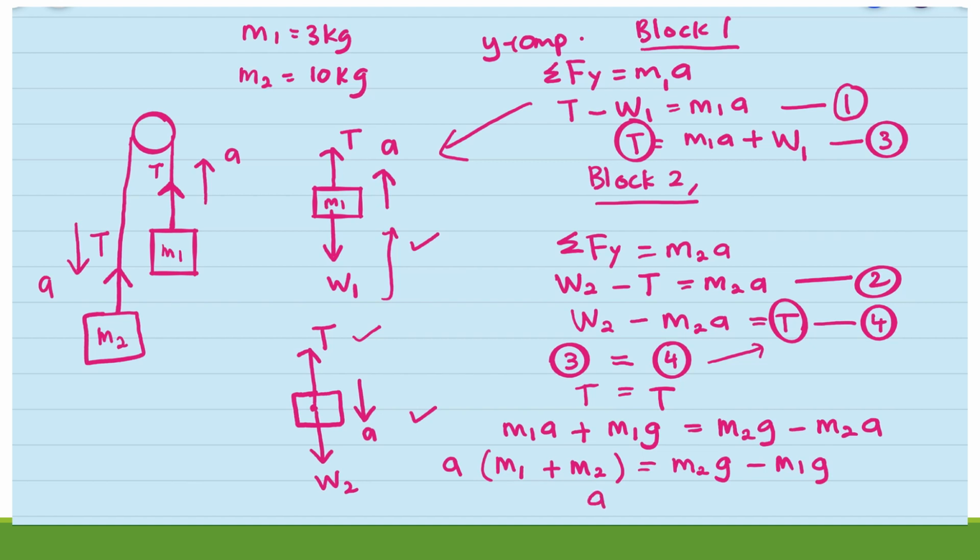So acceleration equal to 5.28 m s^-2. You must substitute the values for M1, M2 and g.